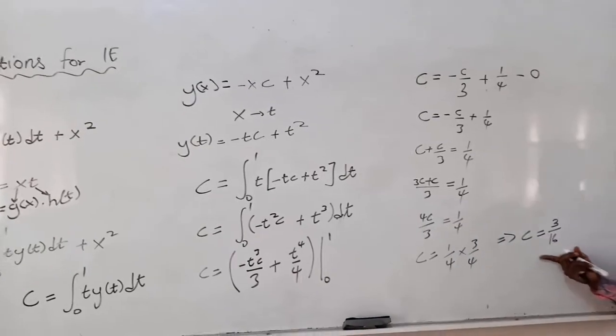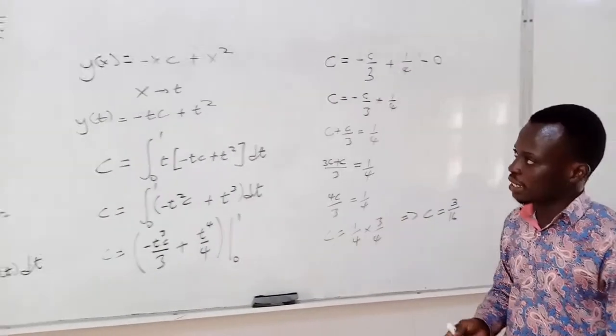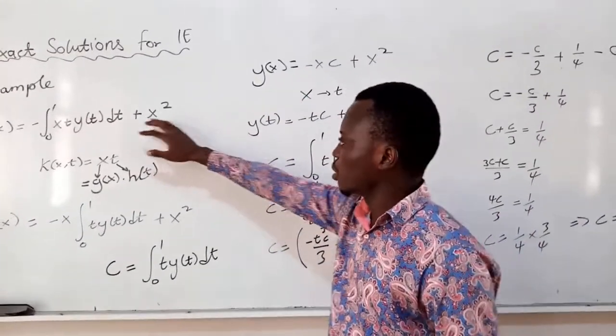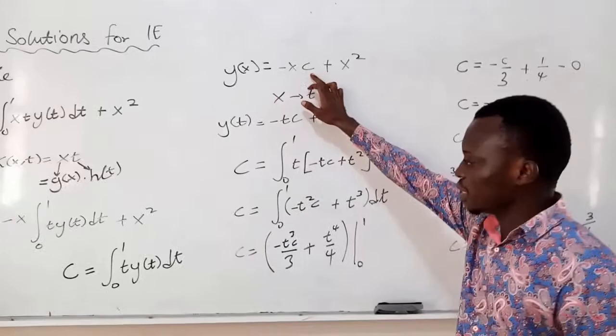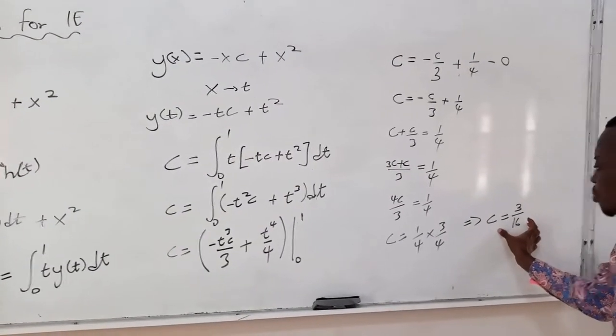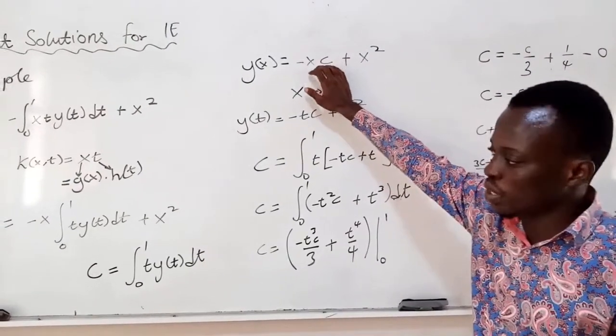So we have been able to solve for our c, and we are saying that this is the solution to this integral equation if only we are able to solve for the c. And now we have our c to be 3/16. Now let's substitute our 3/16 into this equation.